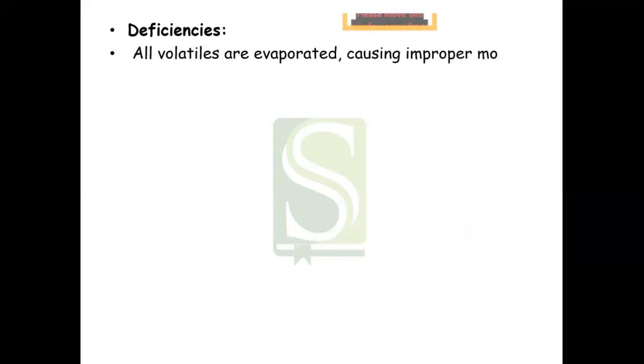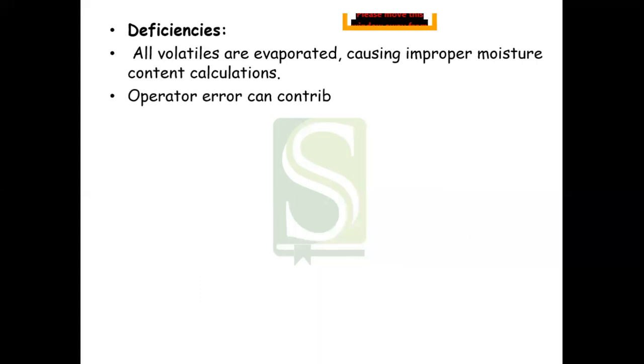The deficiency of this method is that all volatile components present in the solid will also evaporate, causing improper moisture content calculations, because the weight will be reduced by the volatile content as well. Operator error can also contribute to inaccurate readings.